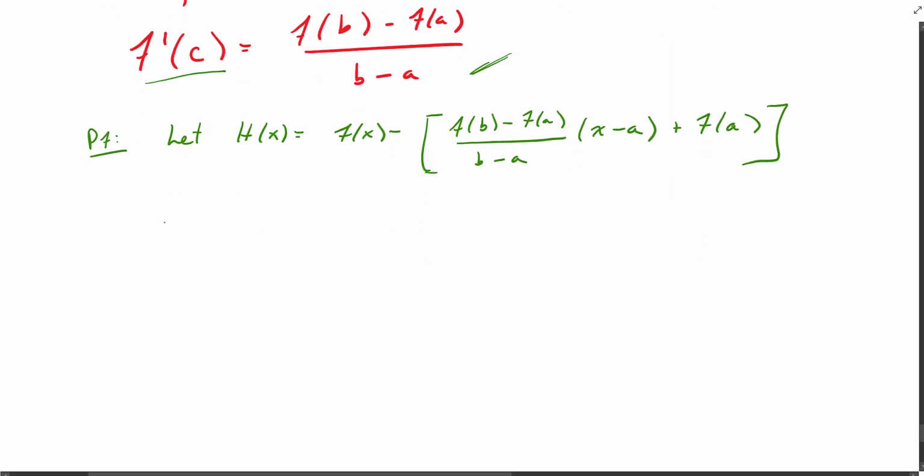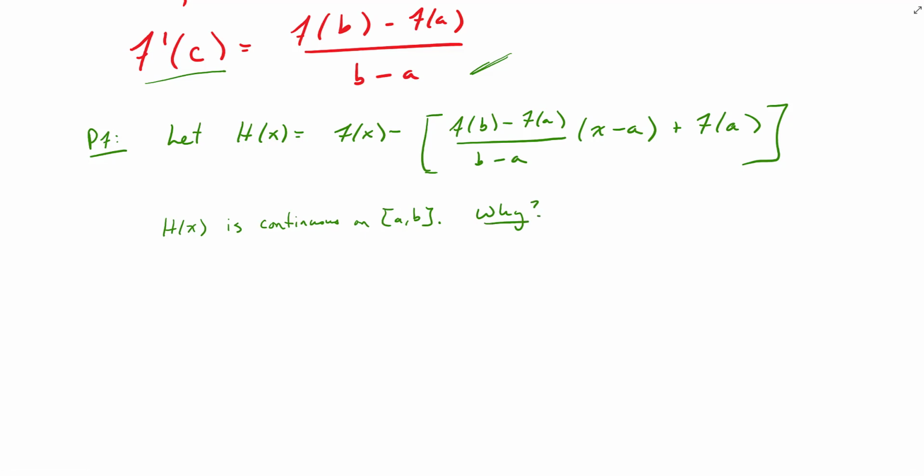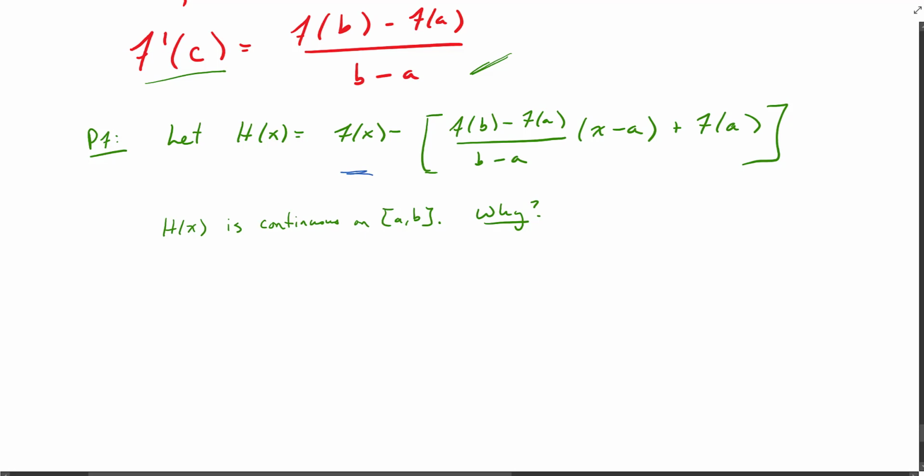What do we know about h of x? Well, h of x is continuous on the interval ab. Why? Well, let's look at what h of x is comprised of. H of x is comprised of the function f of x and this line right here.